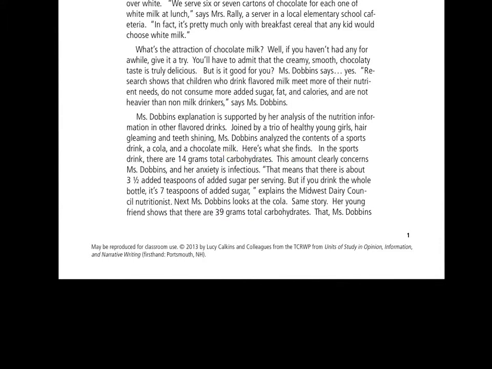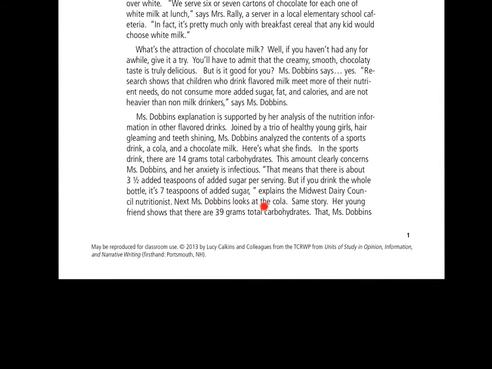Here's what she finds. In the sports drink, there are 14 grams total of carbohydrates. This amount clearly concerns Miss Dobbins, and her anxiety is infectious. That means that there is about 3.5 teaspoons of added sugar per serving. But if you drink the whole bottle, it's 7 teaspoons of added sugar, explains the Midwest Dairy Council nutritionist.